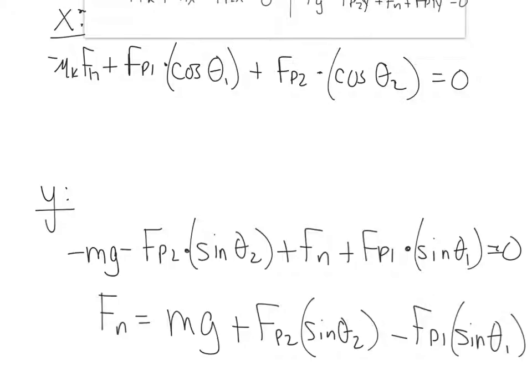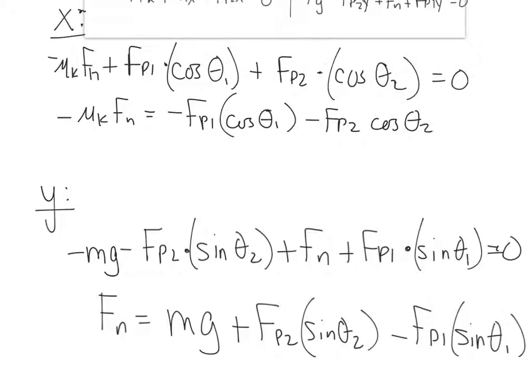So we've got, okay, when I move those over, that's what I get. So I move the forces over first by subtracting them. Then I divide by negative Fn. What happens if every term is negative?